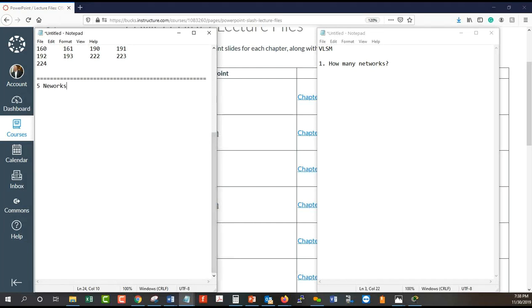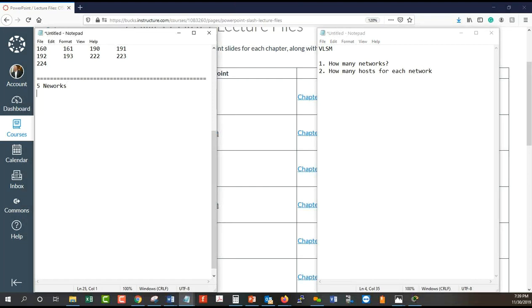I may give you a diagram, but I'm just telling you here. That's the next question that we're going to ask: how many hosts are in each network? So the first question is how many networks? The second question is how many hosts for each network?